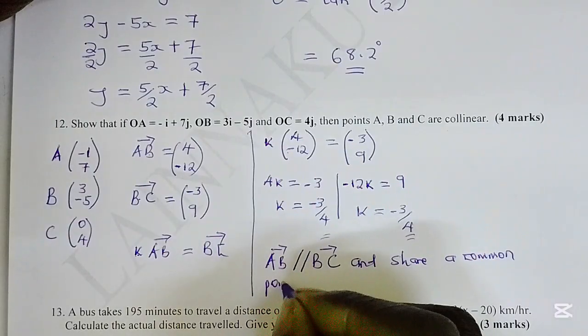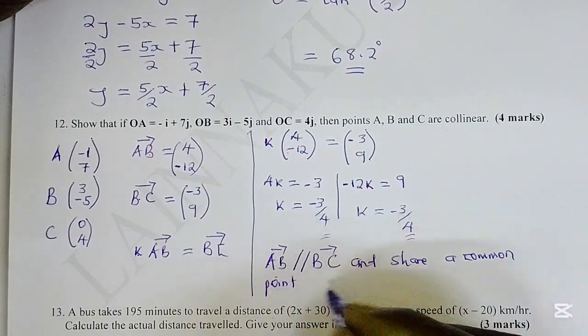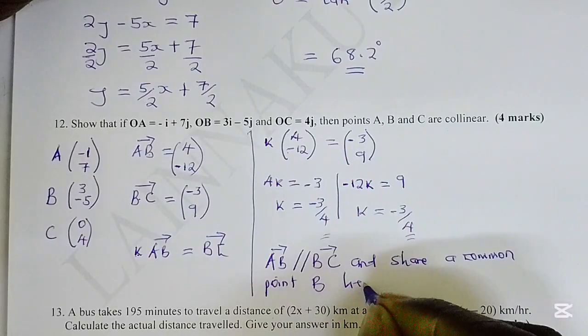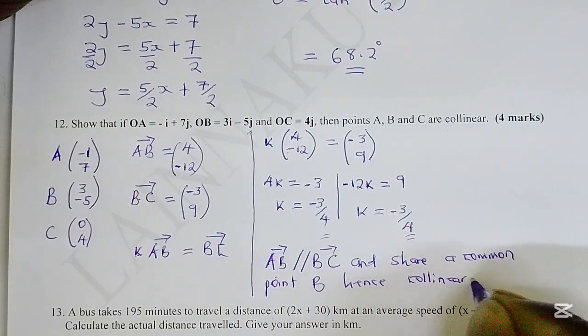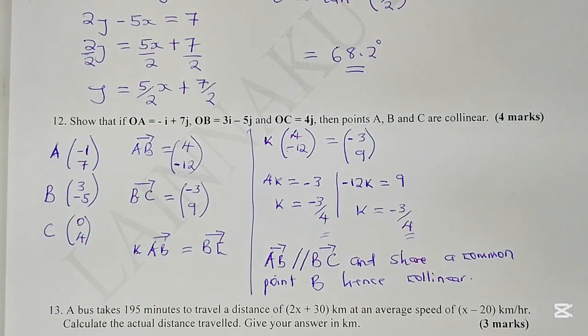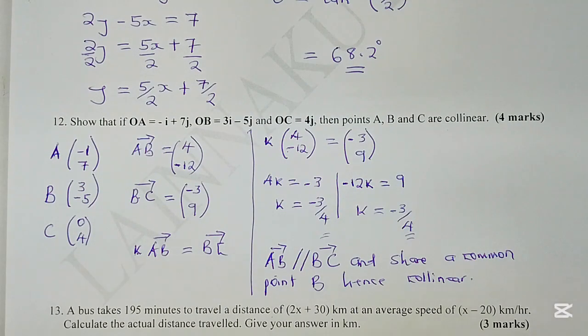You can see they are sharing point B. Hence, collinear. So for us to prove collinearity, first of all, we must prove that they are parallel. That is by finding the scalar K, then show that they share a common point, and then conclude that they are collinear in this particular case.